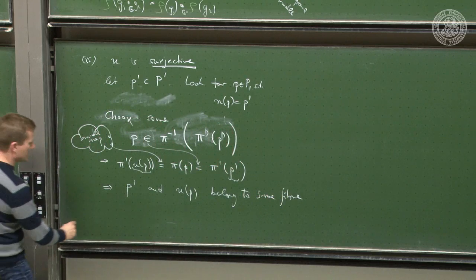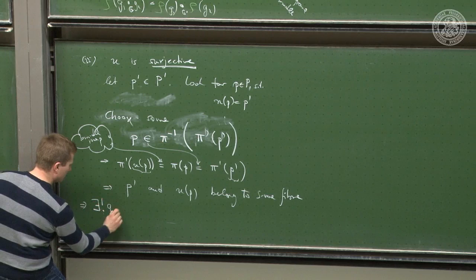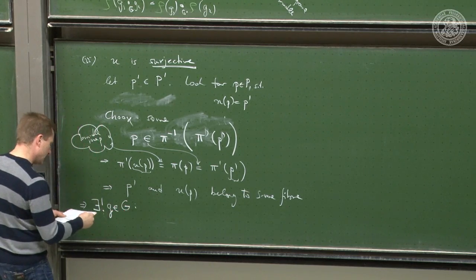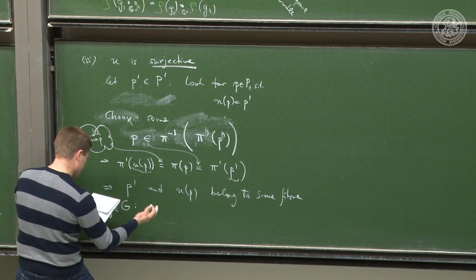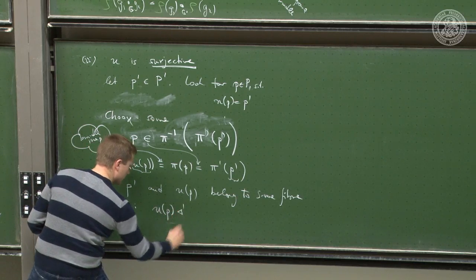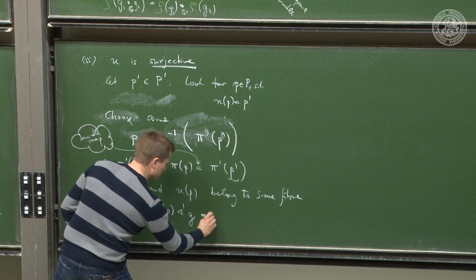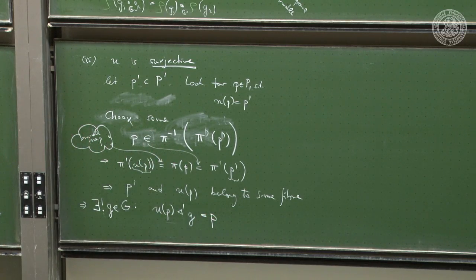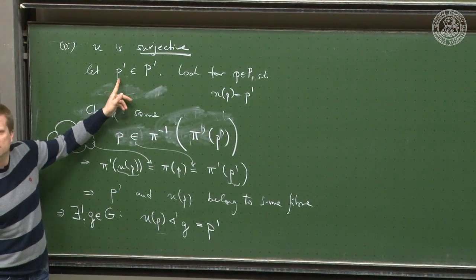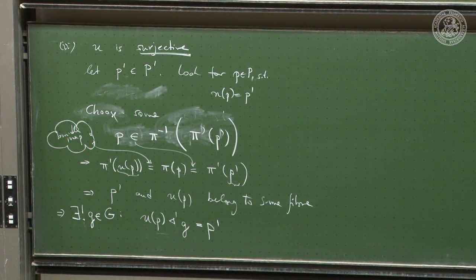But if they belong to the same fiber, that means exactly as before, there exists a unique group element G that takes one into the other. It doesn't really matter which one into which one, but that takes u of p by the primed action to the arbitrary point in the target I had chosen.